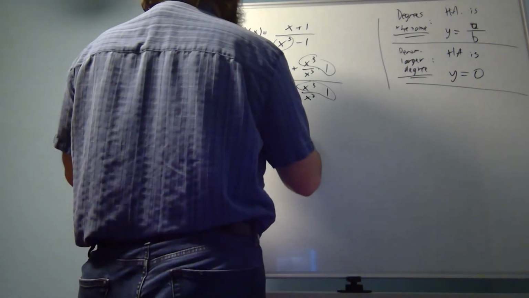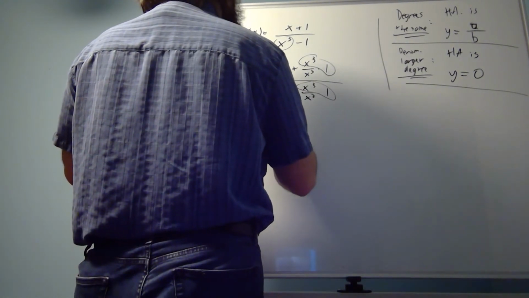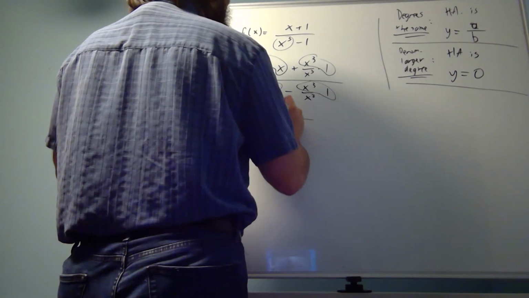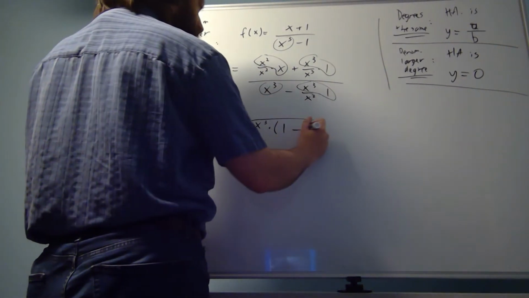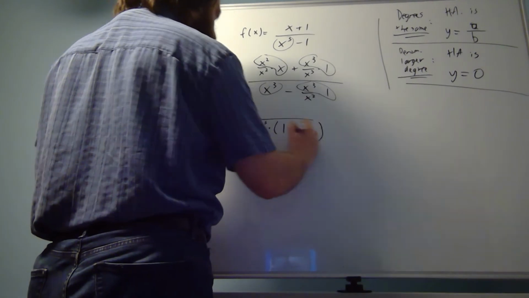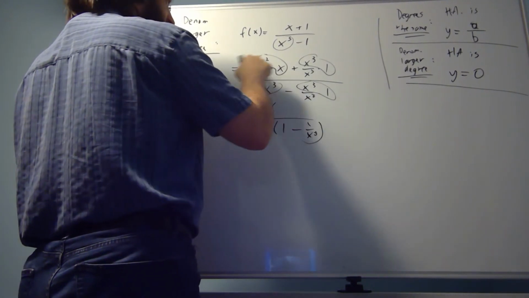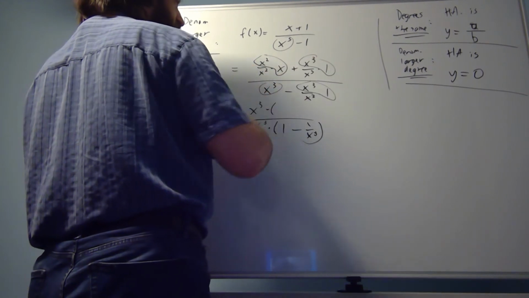So what do I have? In the denominator, I have 1 minus 1 over x cubed copies of x cubed. In the numerator, I factor out those 2 copies of x cubed.